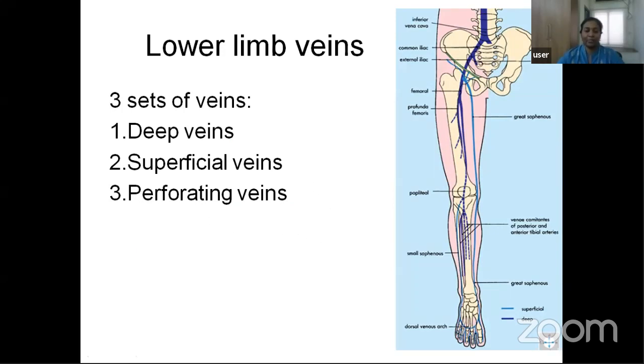When we compare the upper limb and the lower limb veins, there is a difference. In the lower limb, we have a special set of veins called perforating veins. But in the upper limb, we have only two sets of veins, the superficial veins and the deep veins. The difference here is the perforating veins, which connect the deep and superficial veins.